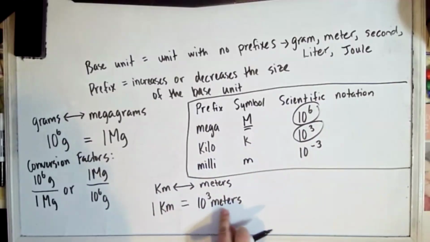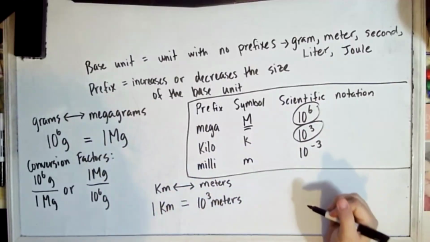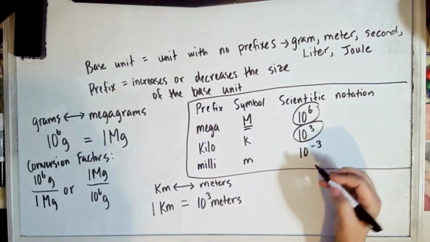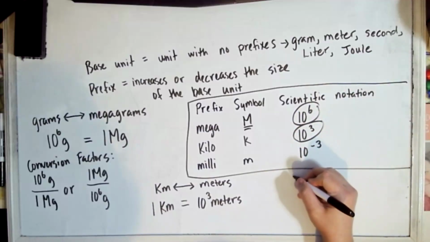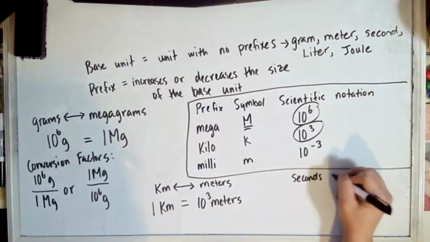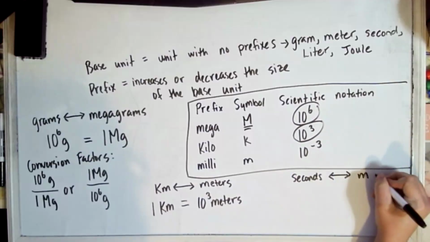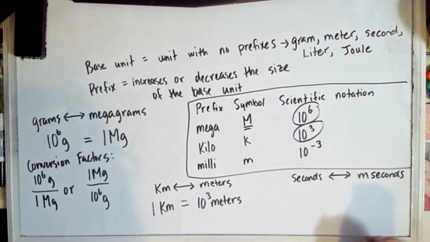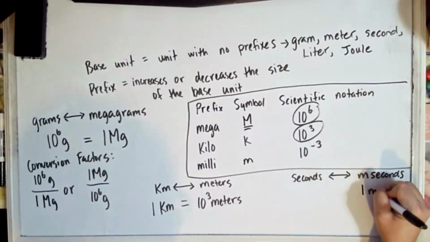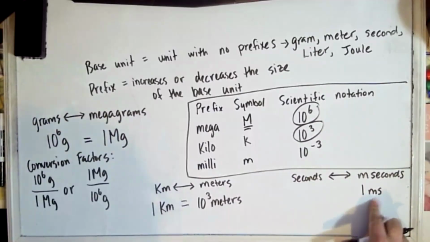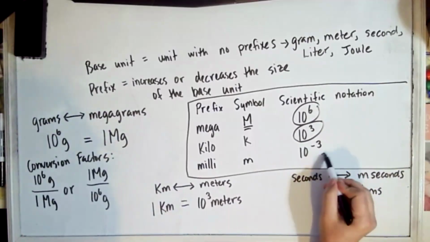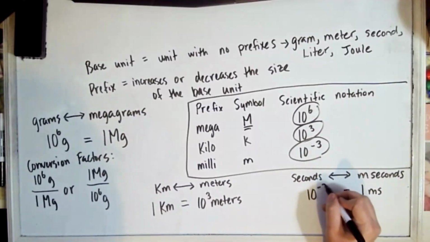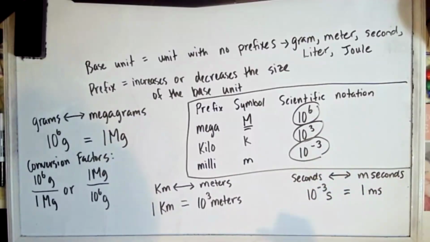So 1 kilometer is 10 to the third meters, or 1 kilometer is 1,000 meters. Okay, let's say I wanted to do seconds and milliseconds. I'm going to put a 1 with my prefix. So 1 millisecond equals 10 to the negative 3 seconds, which is my base unit. And then from my equalities, I can make my conversions.